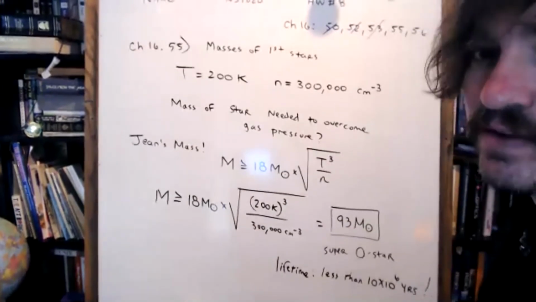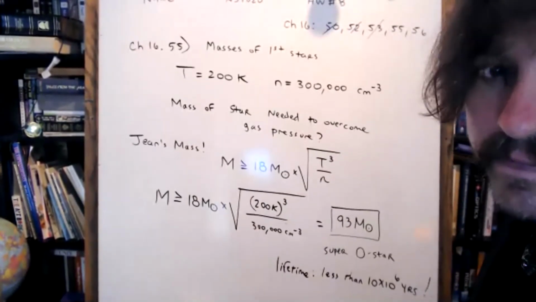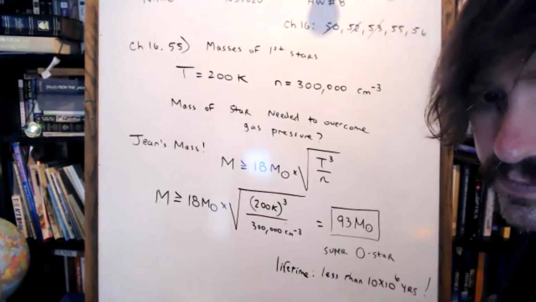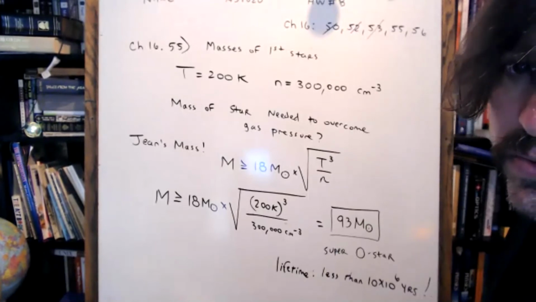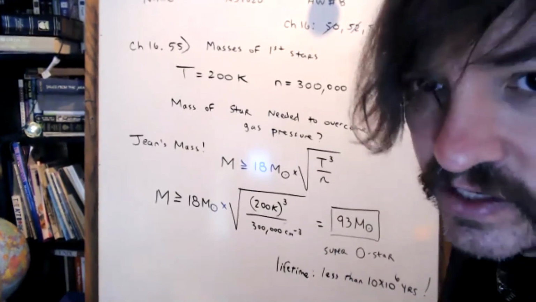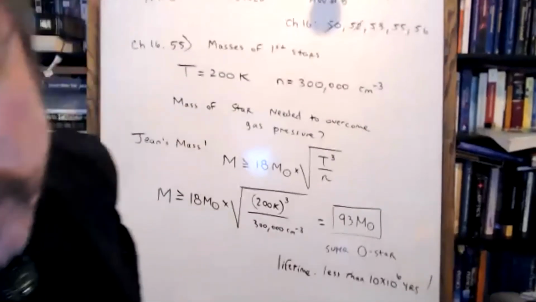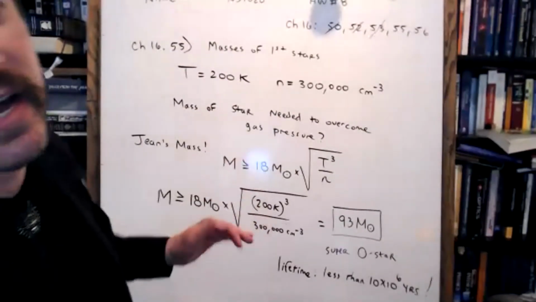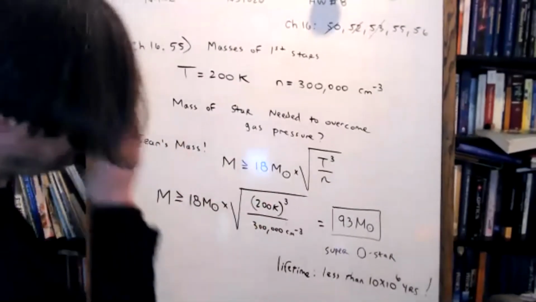But this star is very, very close to the Eddington luminosity. Once you get to 200 solar masses, you've already exceeded your Eddington luminosity, or your luminosity starts to match your Eddington luminosity, something like that.